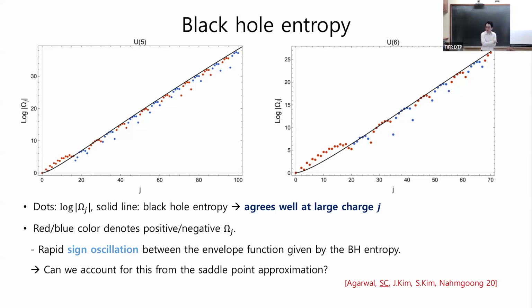It looks like it depends on N, and also on the charge. Yes, it depends on charge, maybe because it depends on Q by N squared. But if I do the fixed chemical potential, then that will stay fixed at large N, because it should be governed by roughly the imaginary part of the chemical potential. Yeah, that's true. Fine, got it. And if you go to very large charge, this will become larger and larger. So if I do it at fixed Q by N squared, yeah.